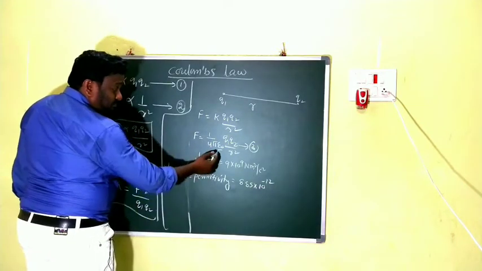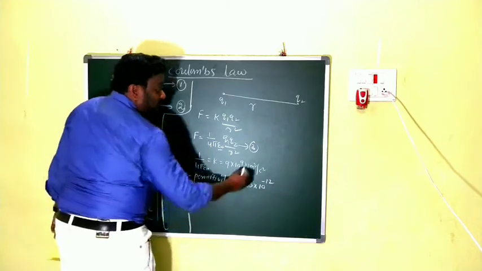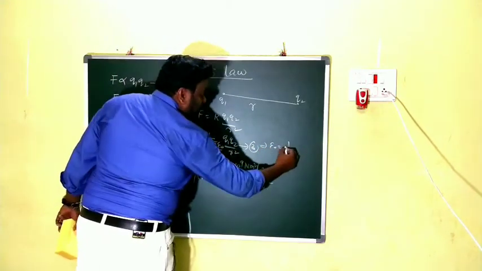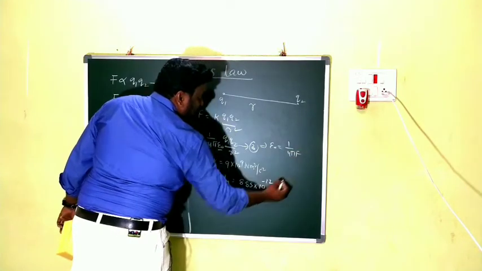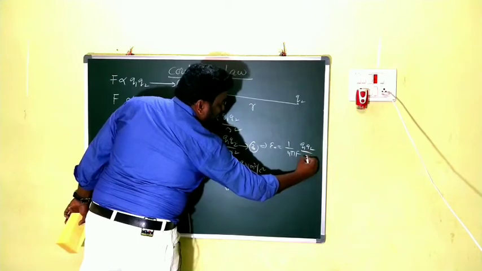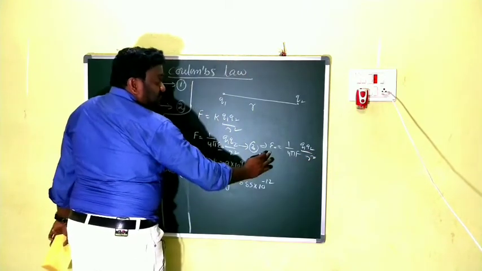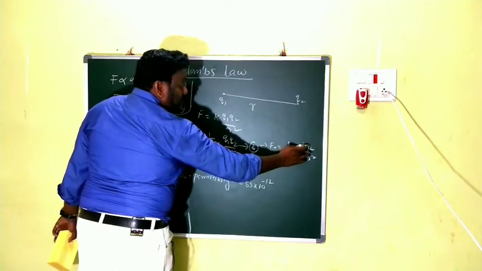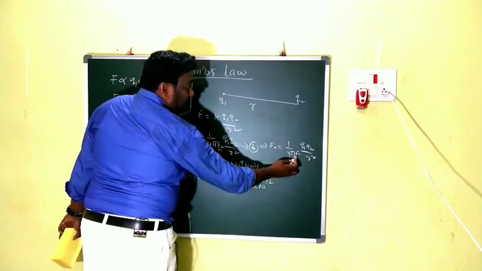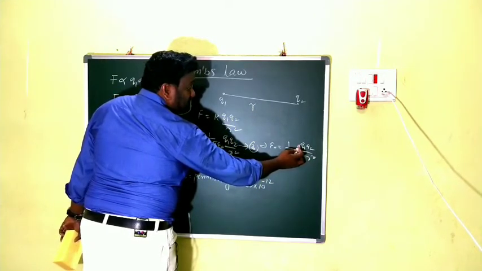So from that, F is equal to 1 by 4 pi epsilon naught into Q1 Q2 by R square. From that we can write epsilon naught is equal to 1 by 4 pi F into Q1 Q2 by R square. Now the units: Q1 is the charge, unit coulomb.